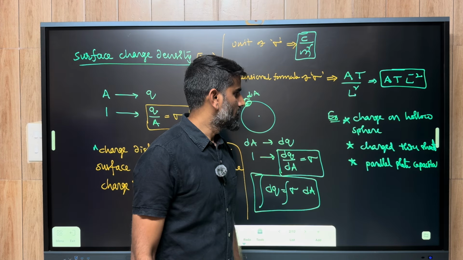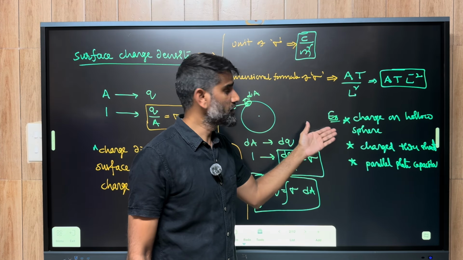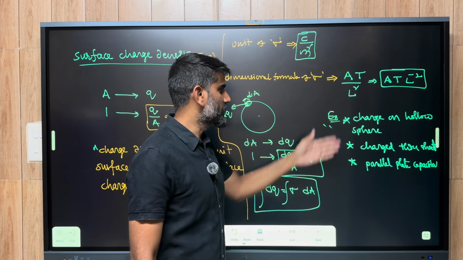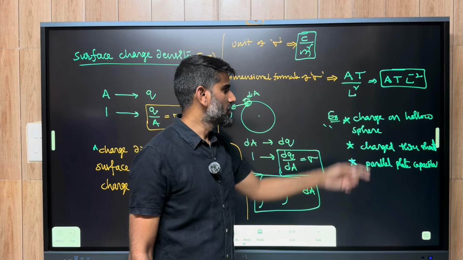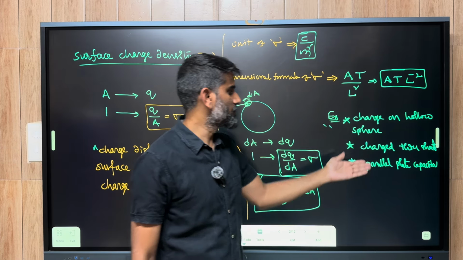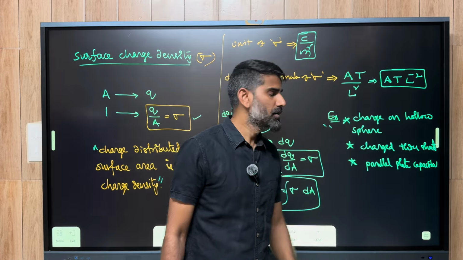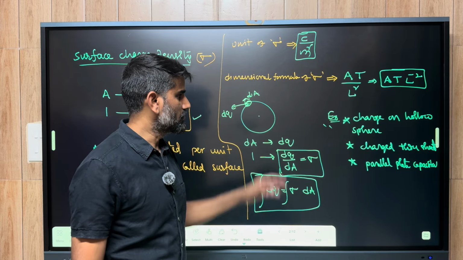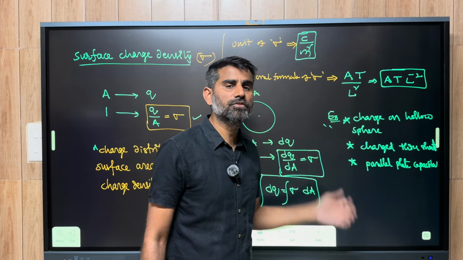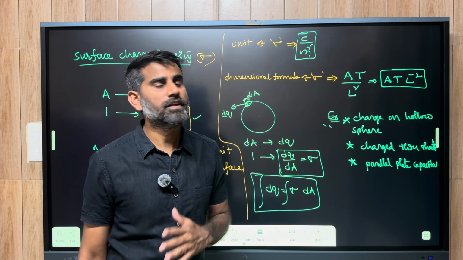We use surface charge density while we discuss the concept of charge on a hollow sphere, a charged thin sheet, and the capacitance of a parallel plate capacitor. While we discuss these kinds of concepts, we use surface charge density.